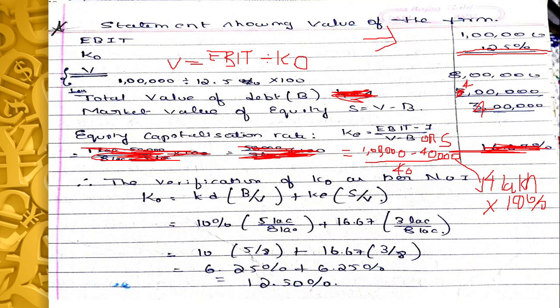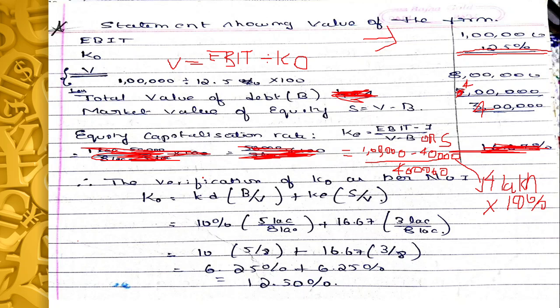What is the answer? 60,000 divided by 4 lakh. 0.15 is how much? 5%. 0.15, correct?